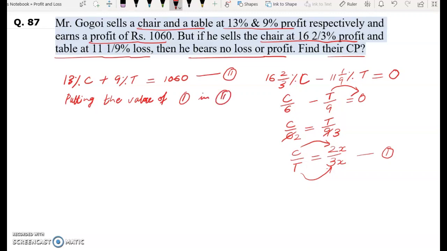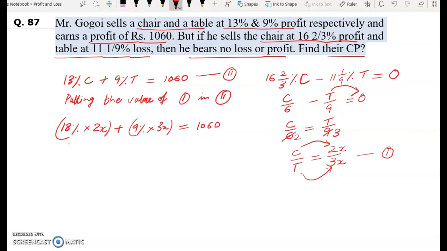Now 13% of chair, chair is 2x. So 13% of chair into 2x plus 9% of table. Table is how much? 3x. This is how much? 1060.